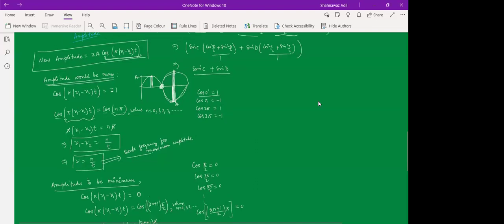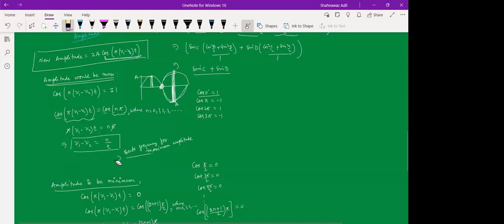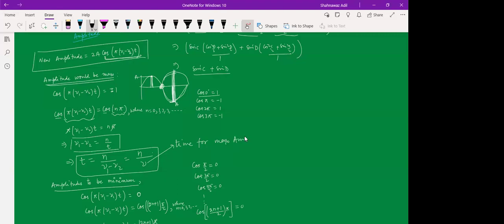Okay, so you have to calculate, right? In this part, you have to calculate the timestamps where this maximum is happening. You have to calculate the time because you would be given the two frequencies. So time would be n by (nu1 minus nu2), and this would be the time for maximum amplitude.